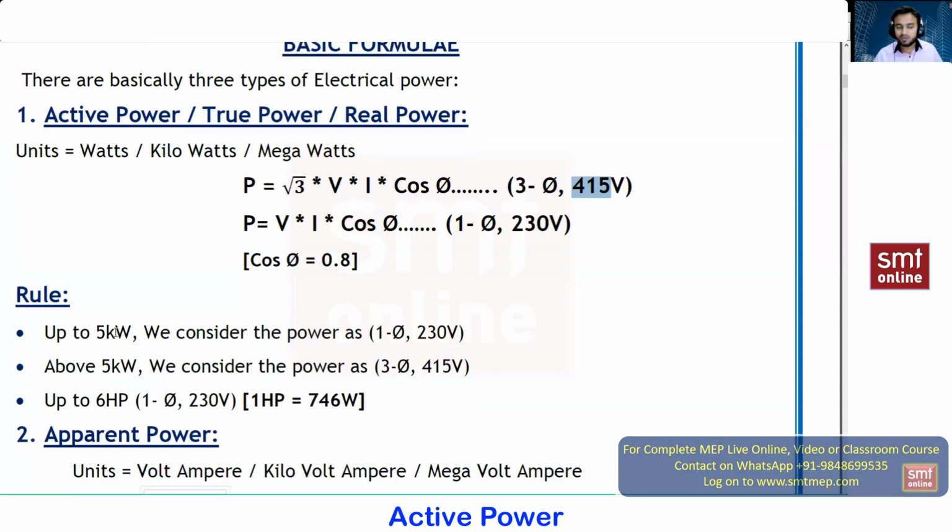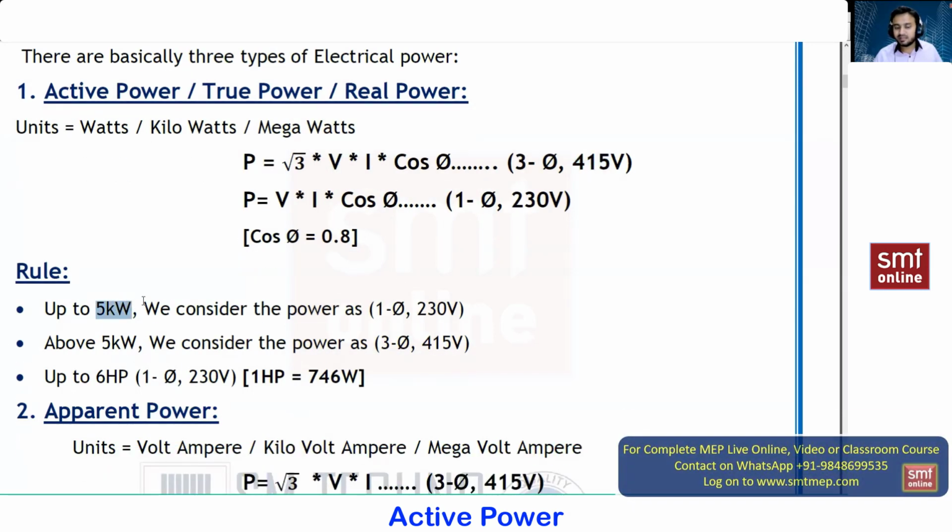Whenever you have a load up to 5 kilowatts, we can go with single phase supply. That means in my home, whatever equipment I'm using, when I assemble all those loads, if it does not exceed 5 kilowatts, I can go with a single phase energy meter or single phase supply to my home. Whereas for three phase, if the load is more than 5 kilowatts in your home or flat, then we take a three phase supply.